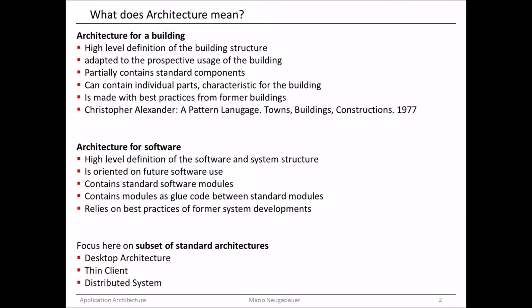But also, if the client of the architect has some special features in mind for the building, then of course the architecture of the building can contain individual parts which are focused on the special purpose of the building. And these individual parts then maybe also contain a certain character for the building.